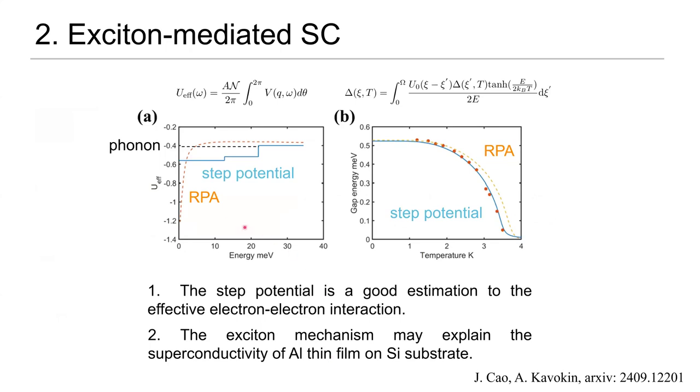I will show you here. So with RPA, you can have the effective electron interaction, which is exactly like what we saw the Eliashberg equation will have, and this is the stepwise potential, which is obtained by the previous model, where the electron only scatters with the electron in the exciton.